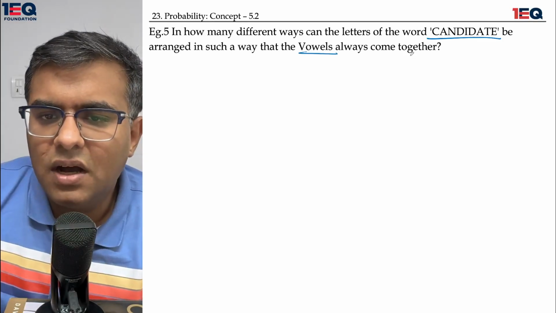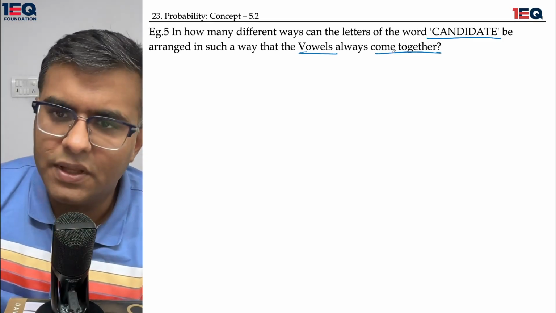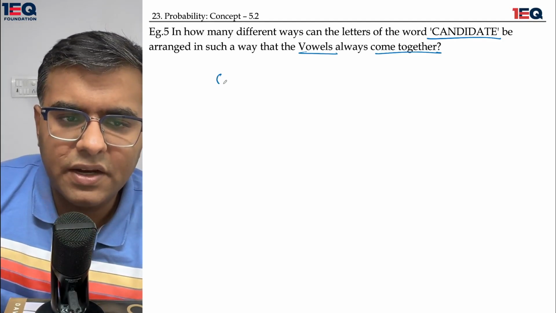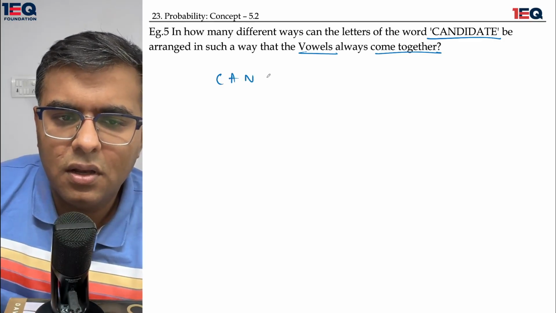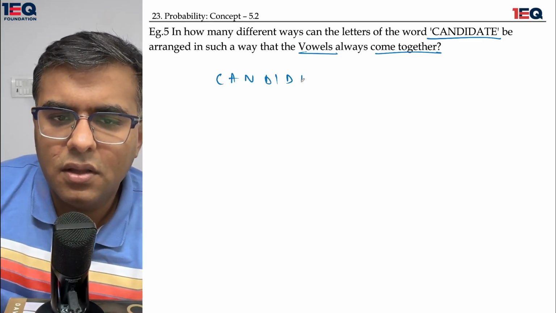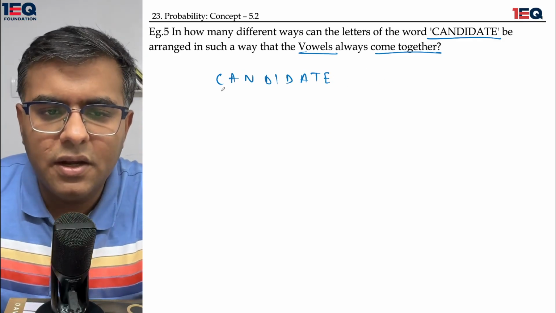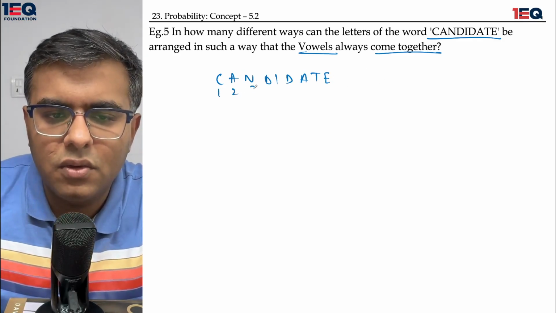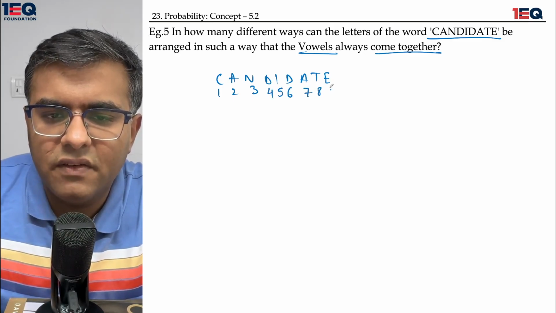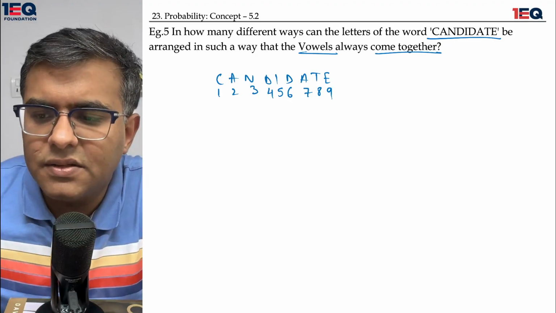Okay, moving on. In how many different ways can the letters of the word CANDIDATE be arranged in such a way that the vowels are always coming together? In CANDIDATE, I have 1, 2, 3, 4, 5, 6, 7, 8, and 9 letters.